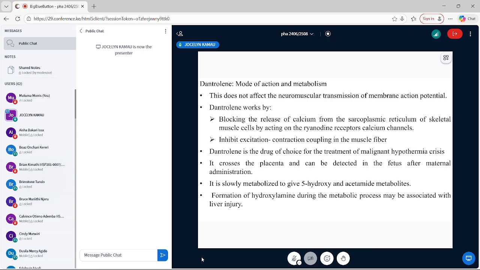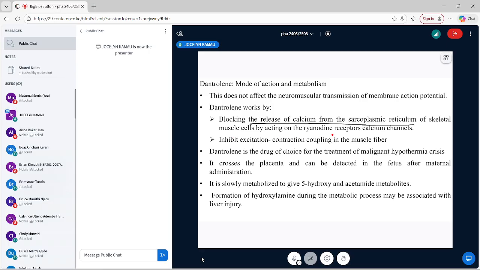Mode of action and metabolism: this does not affect the neuromuscular transmission. I'm only saying this more often than not for your own benefit, to complete the information rather than leave the information hanging. This does not affect the neuromuscular transmission of membrane action potential. Dantrolene works by blocking the release of calcium from the sarcoplasmic reticulum of skeletal muscle cells by acting on the ryanodine receptor calcium channels.